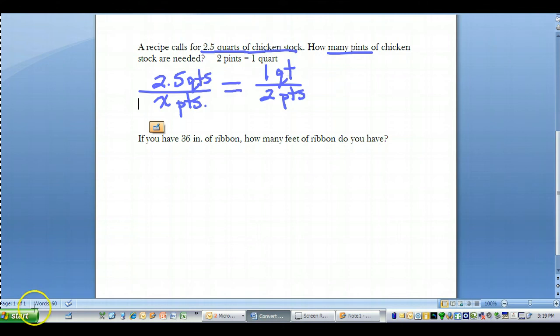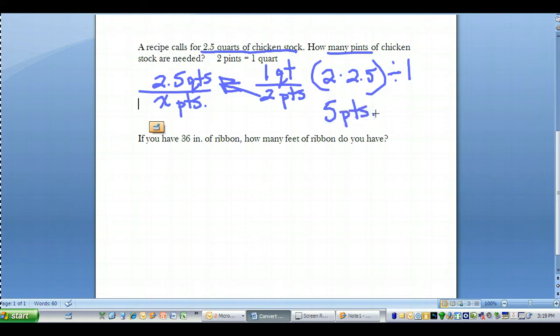So 2 times 2.5, that's going to give me 5 divided by 1. So 2 times 2.5 divided by 1. And on your calculator, that should give us 5 pints.